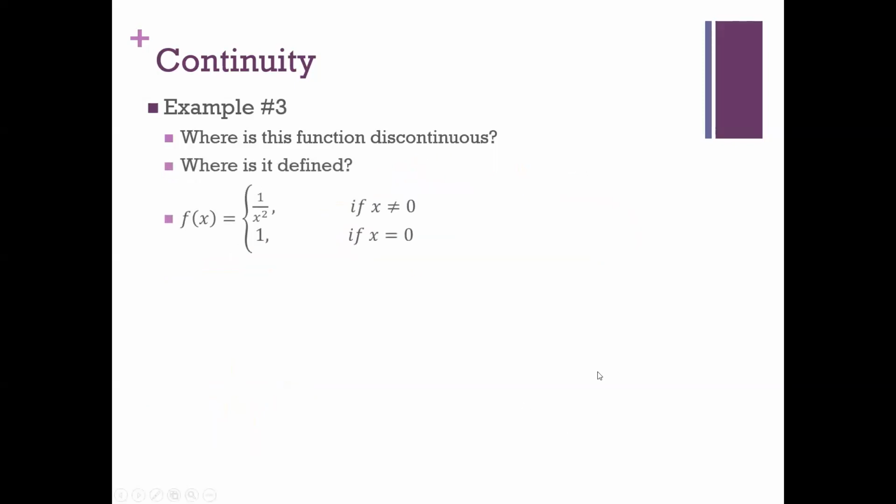All right, this guy here. Where is this function discontinuous? Okay, so we have x equals 0. Why is that the case?